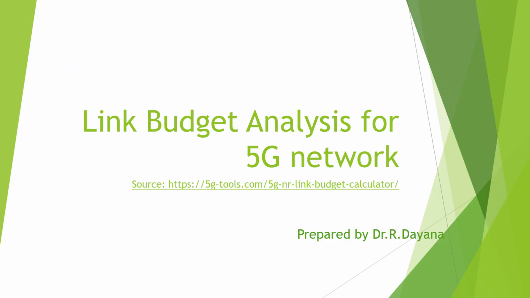The purpose of calculating the link budget is to establish the cell coverage, determine maximum communication distance, verify receiver sensitivity, assist in network planning, and compare the uplink and downlink performance.